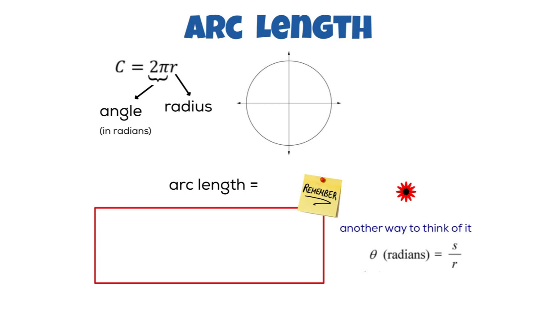Now, what we're going to do is take that formula that we used yesterday and rearrange it. What I really want is a formula for arc length. So to get the S, which is arc length, by itself, I'm just going to multiply both sides times R. So the arc length formula that we're going to use is S equals R theta.